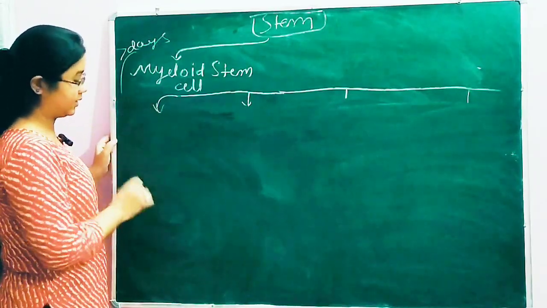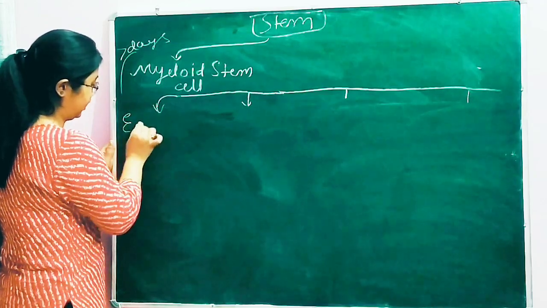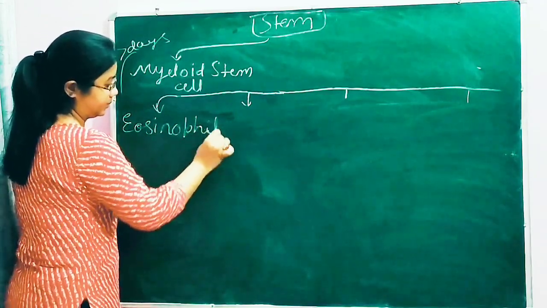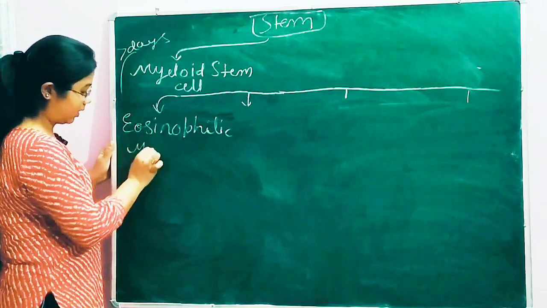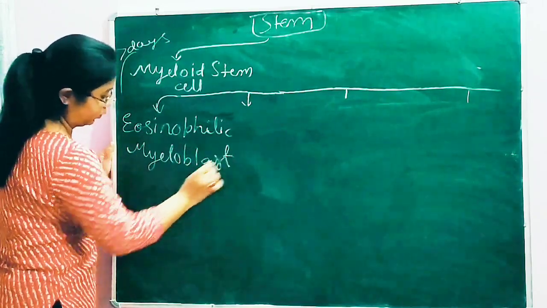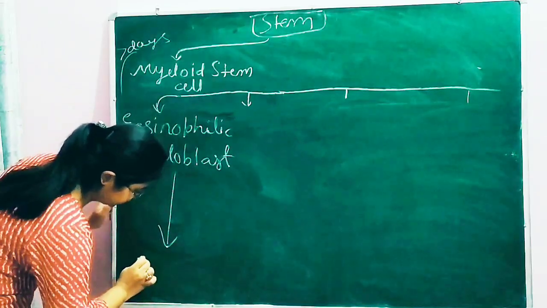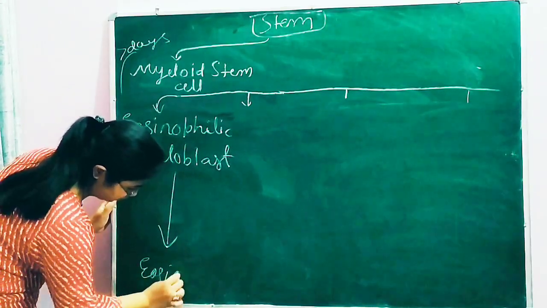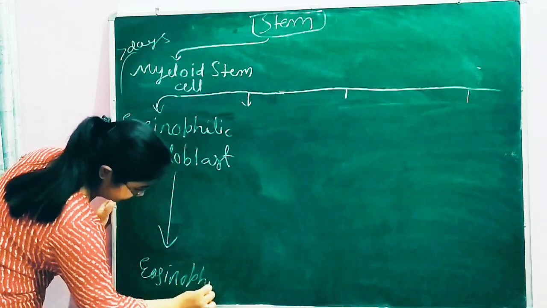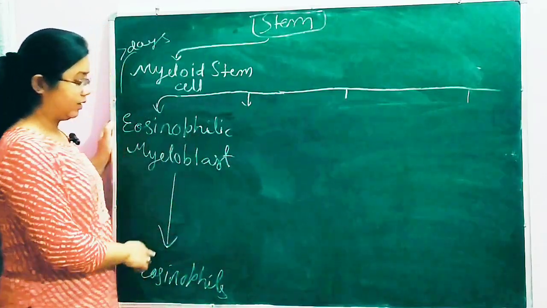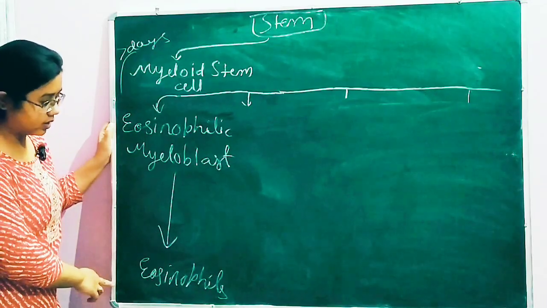Next in this series is the eosinophilic myeloblast, which divides into eosinophils. Eosinophils are formed.